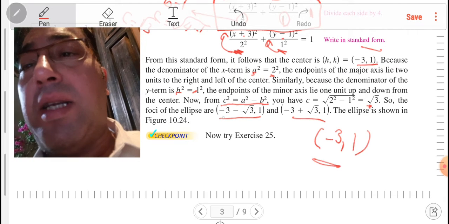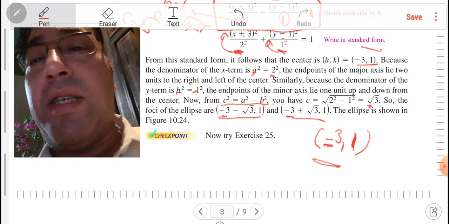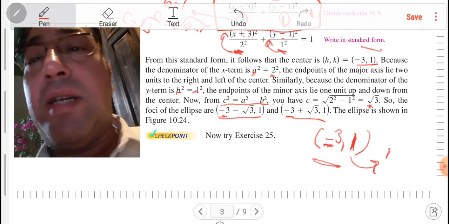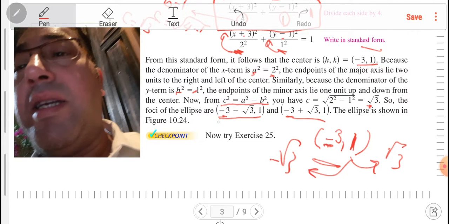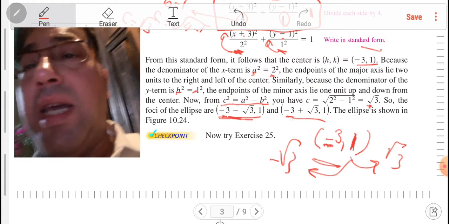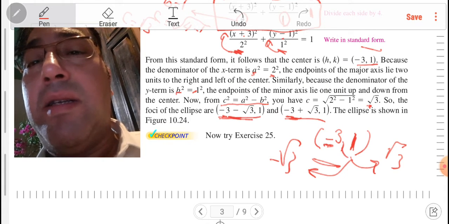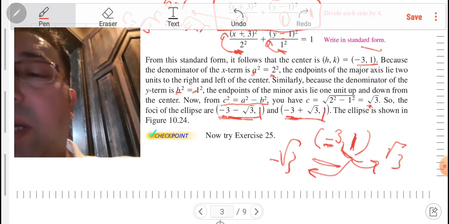So it's horizontal. So negative 3 and 1 is the center. Add radical 3 and subtract radical 3. Is it okay for you? Just negative 3 added to radical 3, and 1 as it is. Okay?